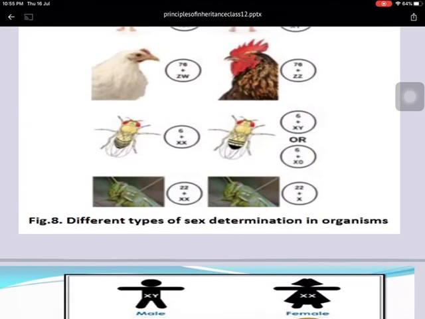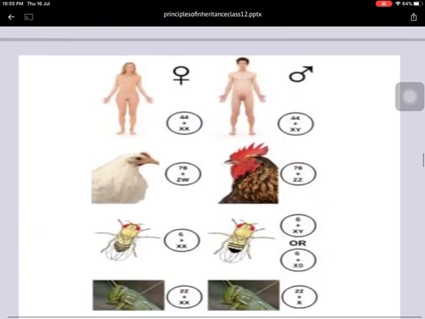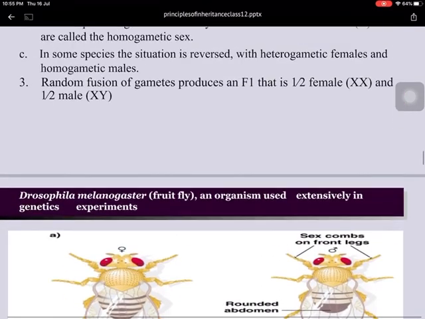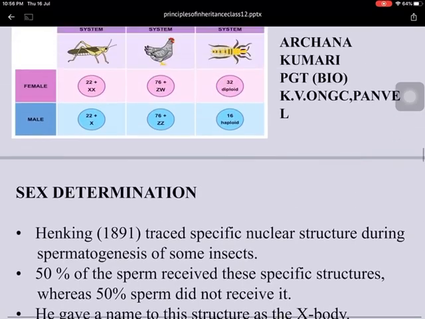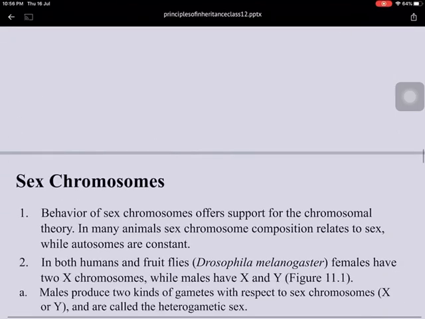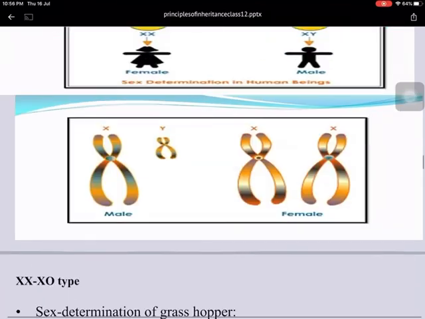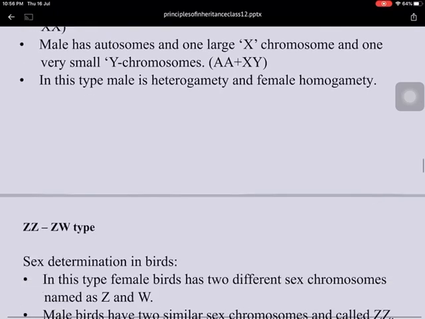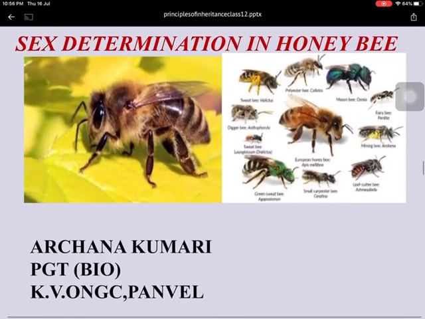In this diagram I have shown you that female is homogametic and male is heterogametic. In the case of fowl, female is heterogametic and male is homogametic. In some insects, female is diploid whereas male is haploid. So I hope now all of you understand how we determine the sex of different organisms.